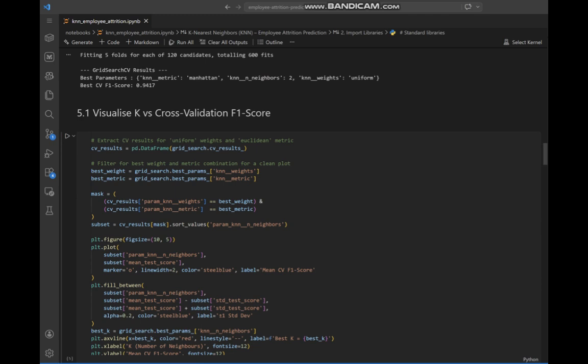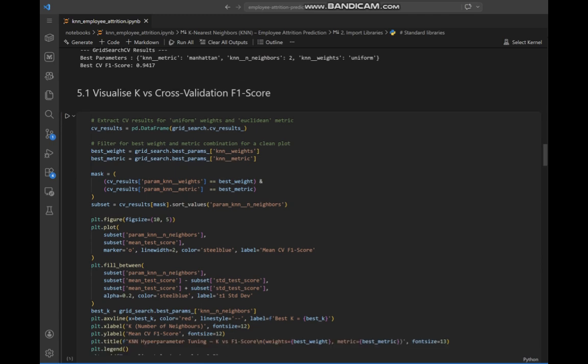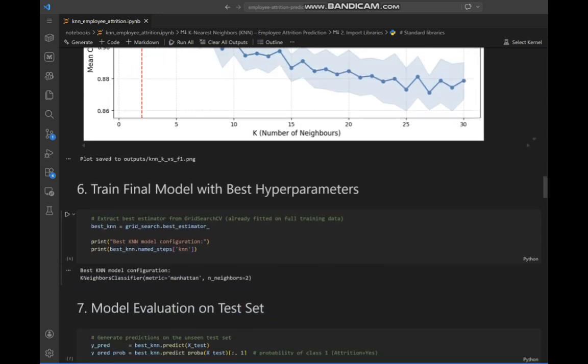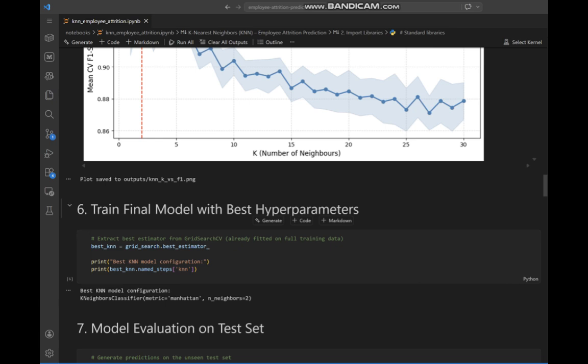Best parameters were Manhattan distance, k equals 2, and uniform weights, with the best CV F1 of 0.9417. Section 6 is training the final model using the best configuration.